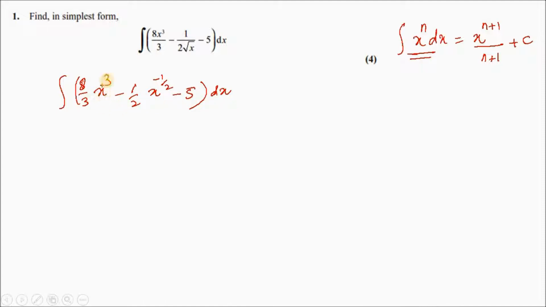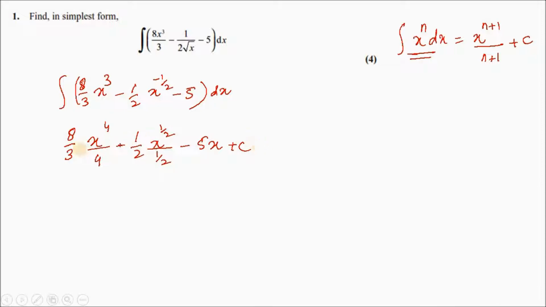And now we are going to integrate each term. So integration of x cube is 8 upon 3 x to the power 4 upon 4. I just added 1 to 3 and divided by 4. Minus half x to the power minus half plus 1, which is half, divided by half, and minus integration of 5 is 5x plus c.